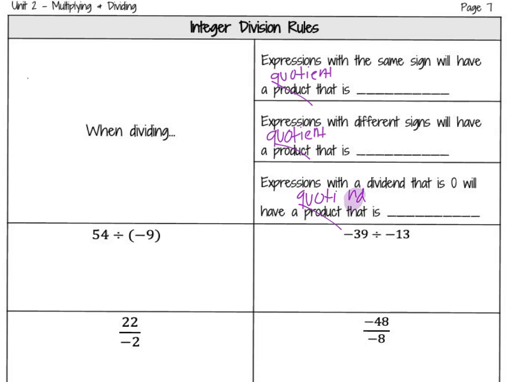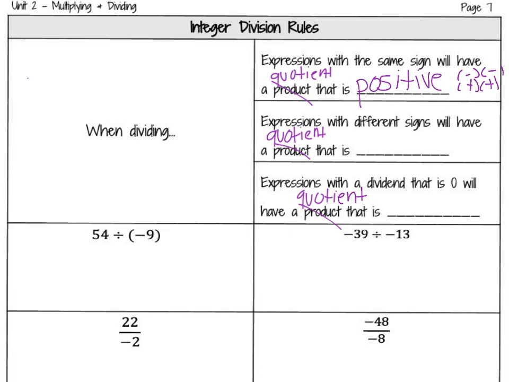That didn't write like I wanted it to. Okay. So expressions with the same sign will have a quotient, so the answer when you're dividing, that is positive. So two negatives or two positives.